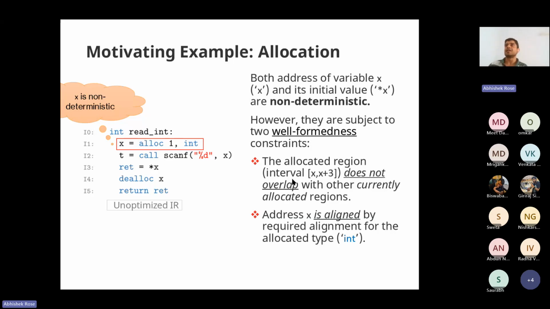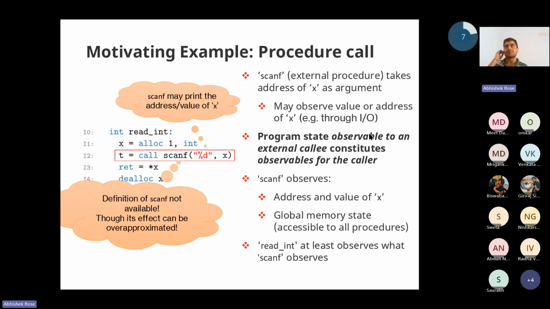And the second restriction is that the address of x must be aligned by the required alignment for the type. For example, int requires an alignment of at least 4. So the alloc operator returns a pointer, or an interval, which satisfies these two well-formedness constraints.